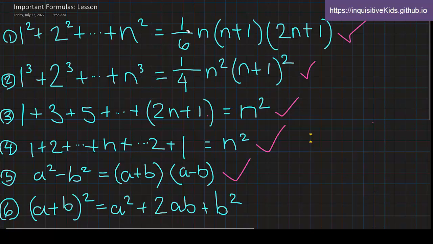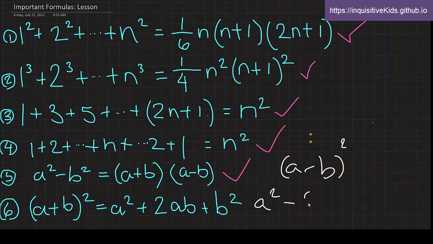Alright, so if between a and b there is a plus sign, then this would be plus 2ab. But notice, if instead you have a minus b squared, you will get a squared minus 2ab plus b squared.